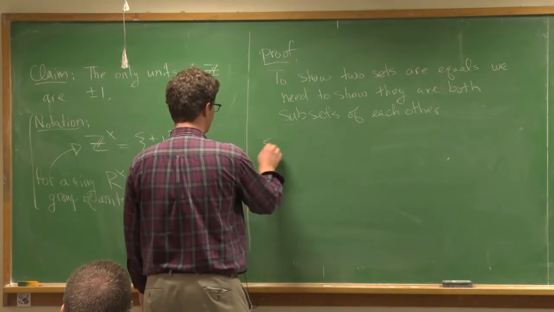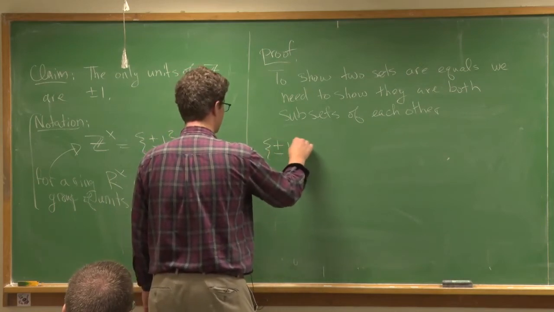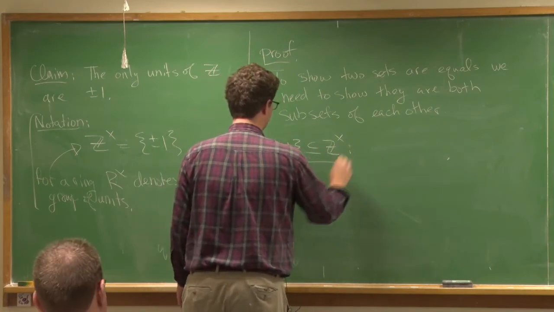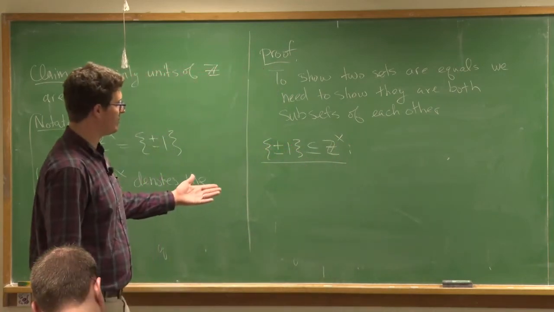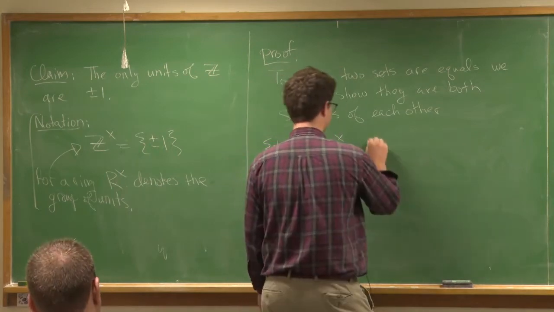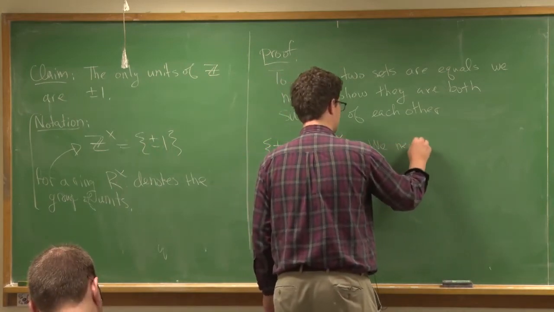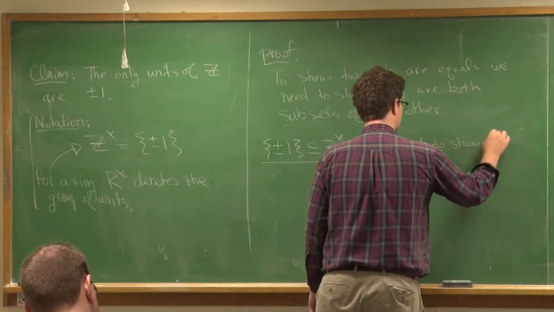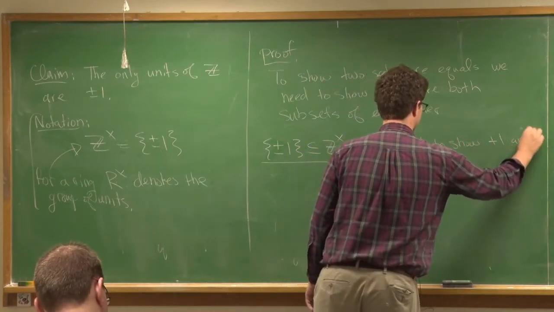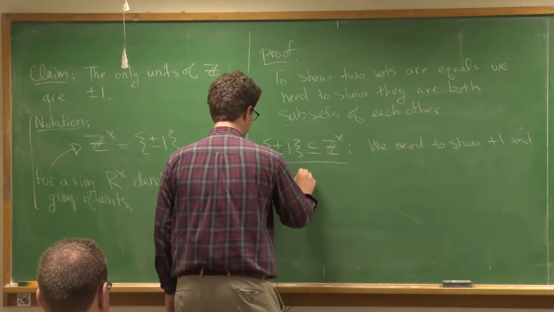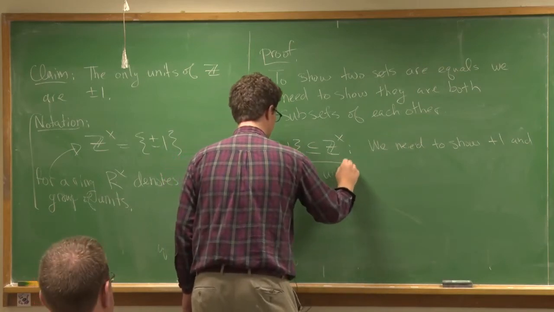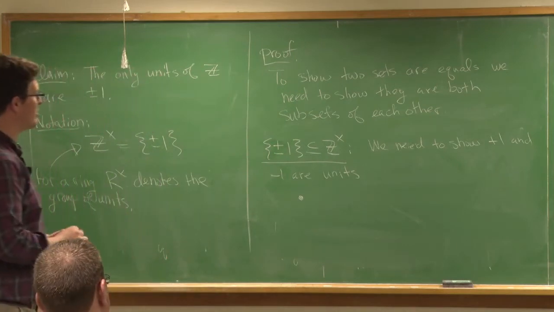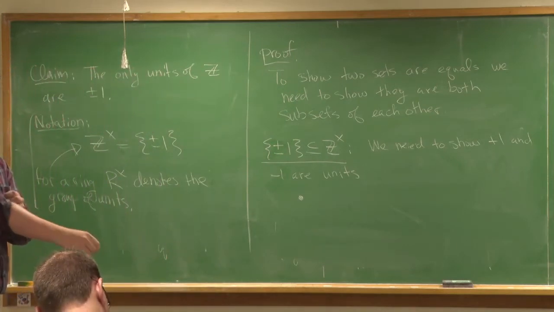So the easy part will be to show that this here is a subset of Z star. Okay? So we need to show that plus 1 and minus 1 are units. In order for them to be units, they need a multiplicative inverse.